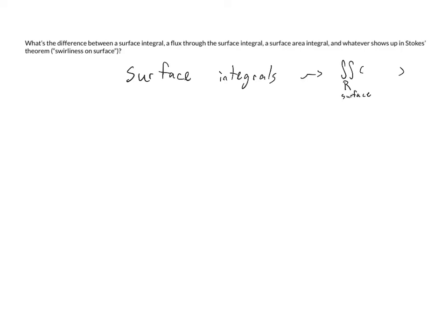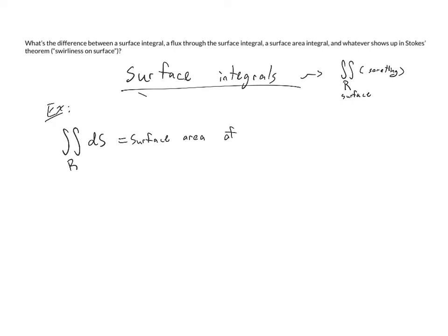And so examples: the first example we saw was that we could have a region and we would have this dS form for surface area. We saw a couple different examples of this, but this essentially just amounts to computing surface area.